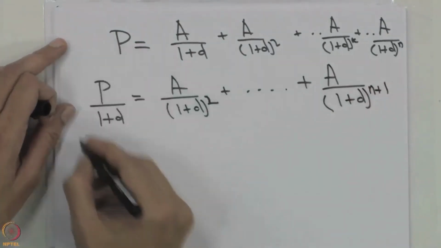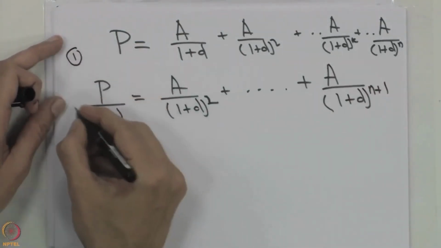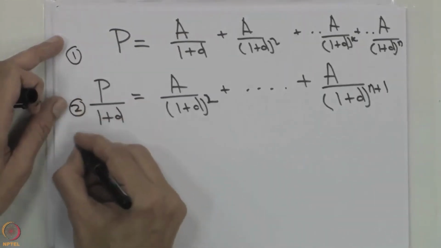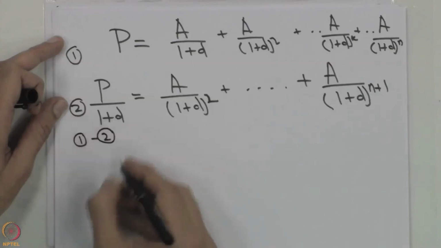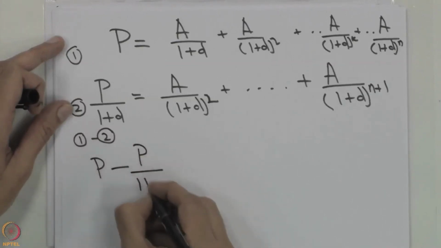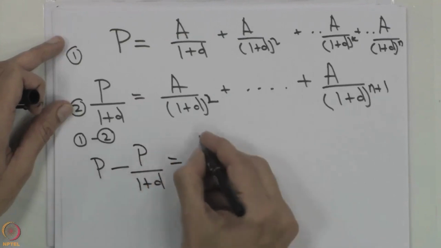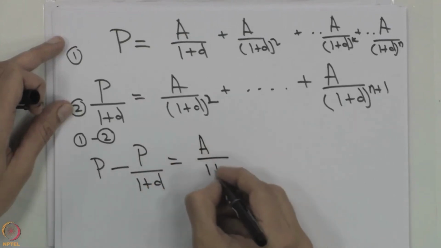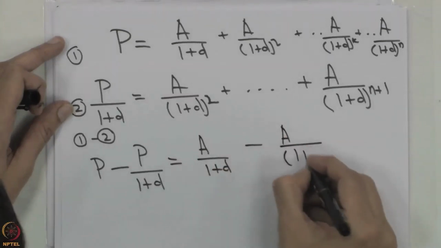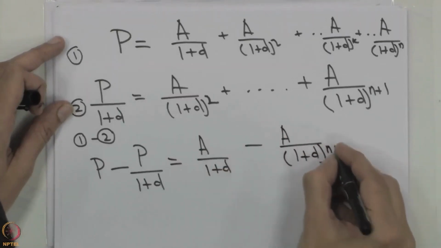So, we can now subtract 1 and 2. If we subtract 1 minus 2, we get P minus P by 1 plus D is equal to A by 1 plus D minus A by 1 plus D raised to n plus 1.